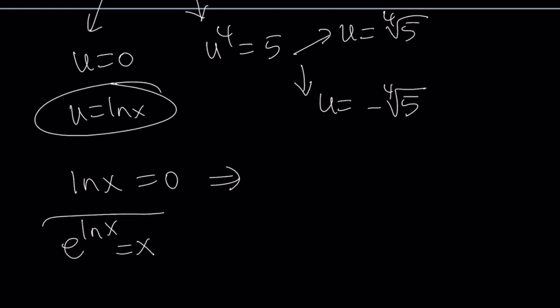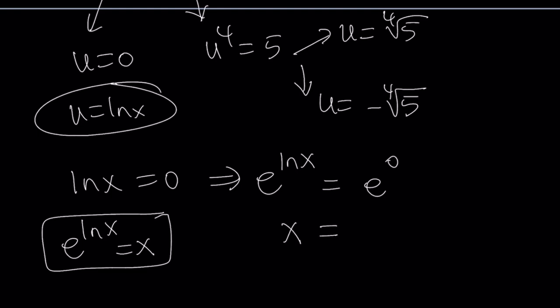So that's a very important identity. And we can do e to the power both sides. So that's going to give us e to the power ln x equals e to the power 0, and e to the power ln x equals x. So this is going to be x equals 1. Obviously, we do need a requirement for x to be positive, and it is positive, right? x equals 1 works. Great. So that's the first solution.